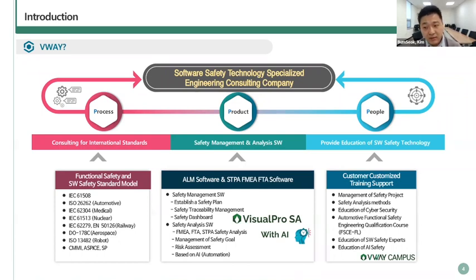Also, we provide a safety solution that supports the STPA, FMEA, and FTA methods, called Visual Flow SA. Lastly, we provide safety training to our domestic customers, especially in functional safety and cybersecurity.